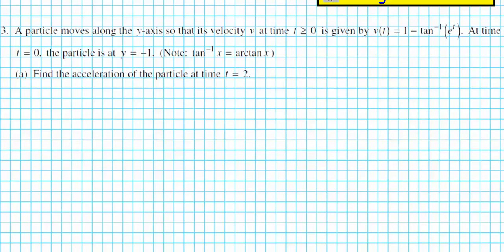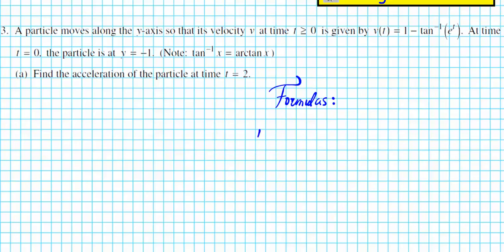All right, so before we start, we're going to take a look at the formula that's going to be guiding our problem solving process in this problem. So what's the connection between position and velocity, and also acceleration, because we're looking for acceleration here.